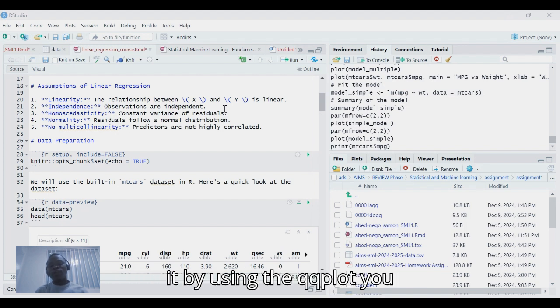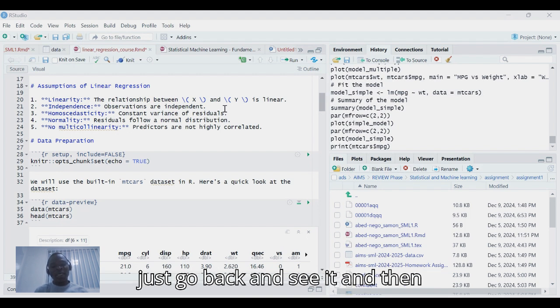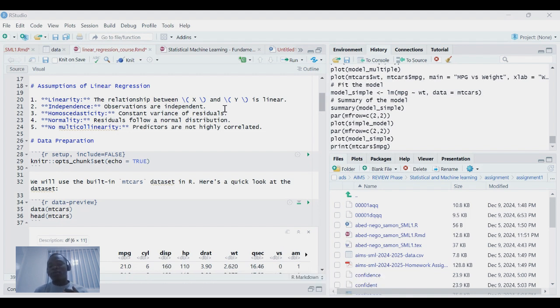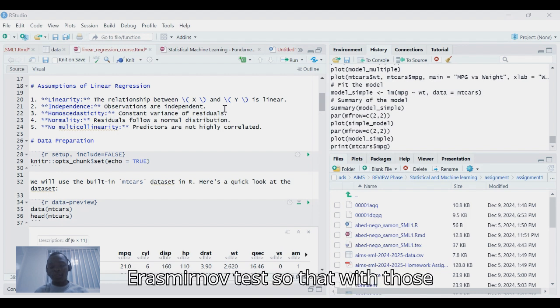We can use the QQ plot, which you have seen in the last video, or we can perform a statistical test like Shapiro-Wilk or Kolmogorov-Smirnov.